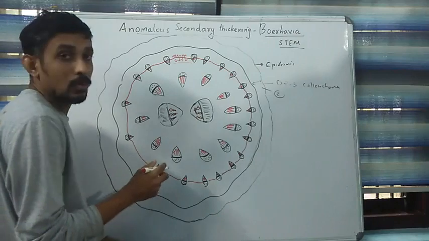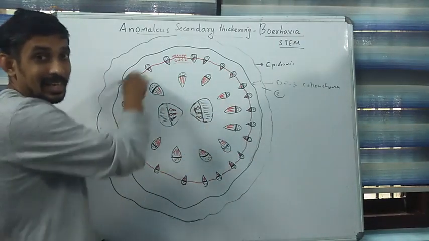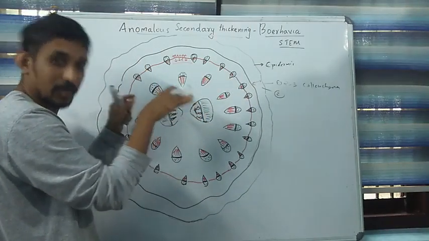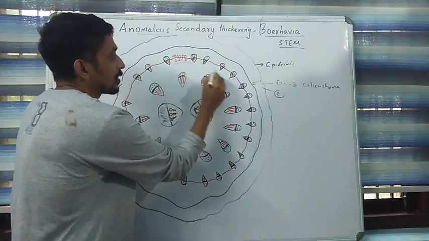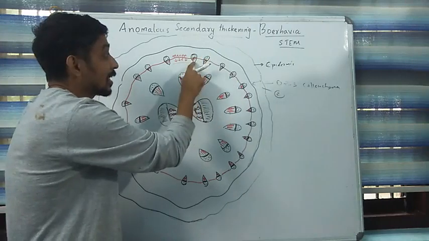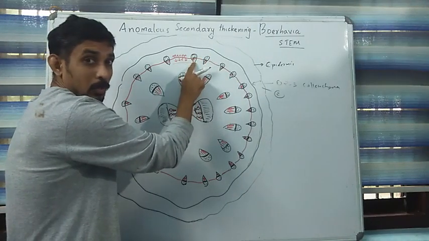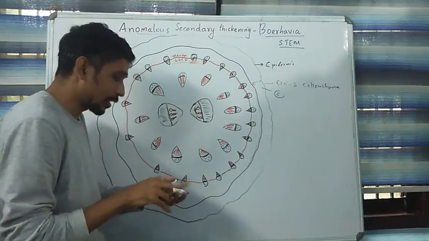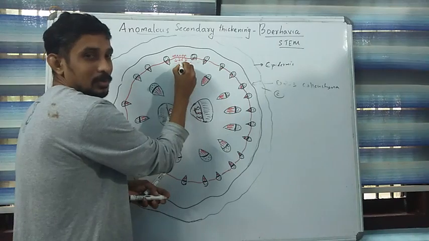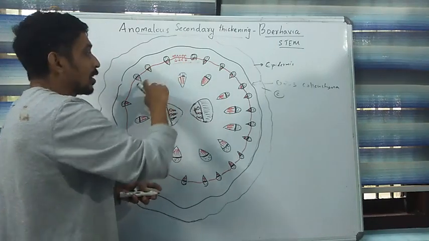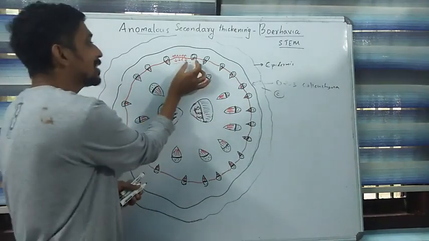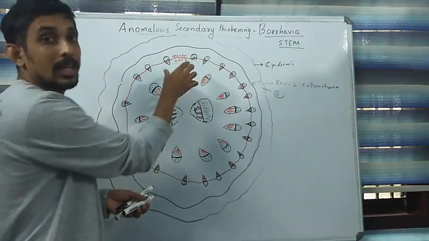So finally, when we look at the structure of this Boerhaavia stem after secondary growth, you can see a discontinuous layer of secondary xylem, because here it produces secondary xylem, here it produces secondary xylem, and then it produces conjunctive tissue, then secondary xylem, then conjunctive tissue. So we cannot see a continuous layer of secondary xylem, because each secondary xylem is interrupted by conjunctive tissue.